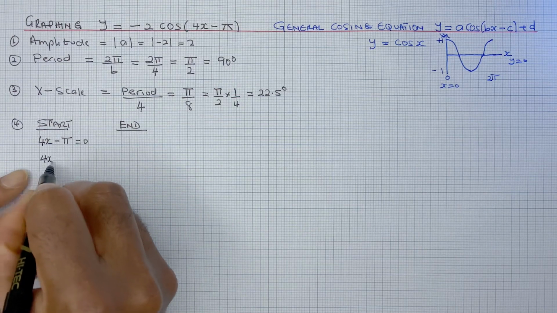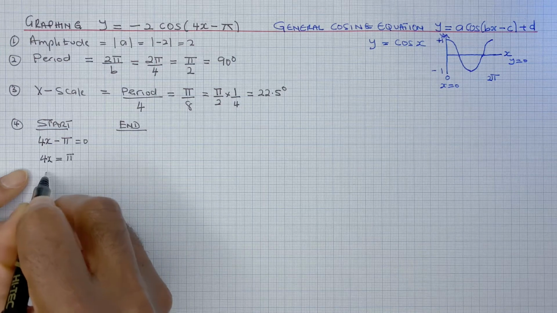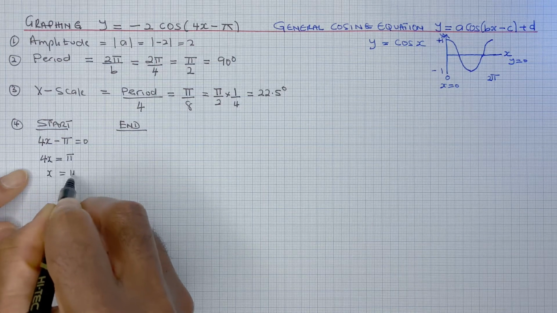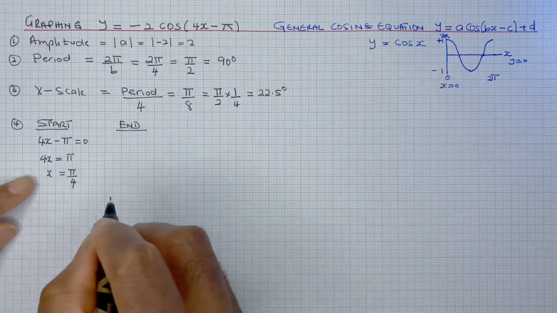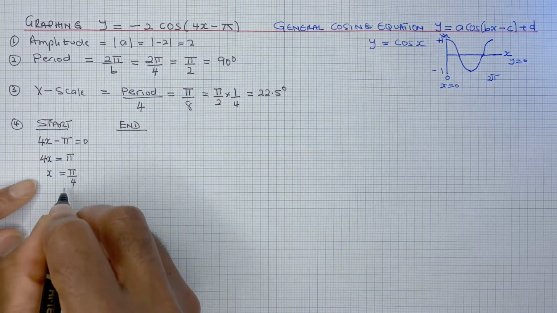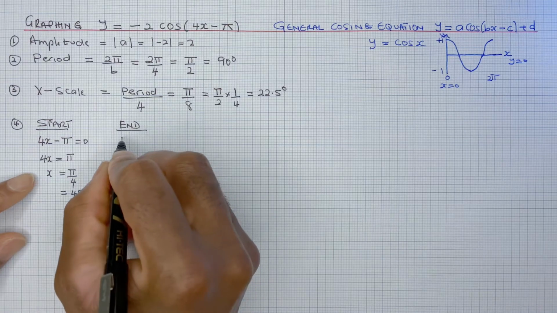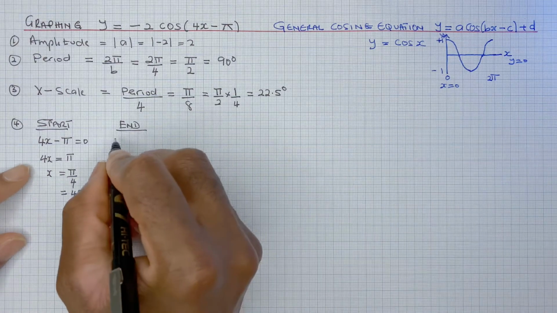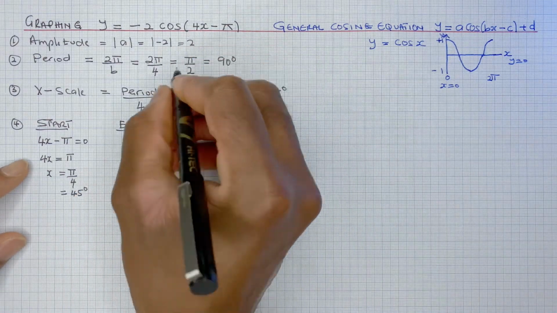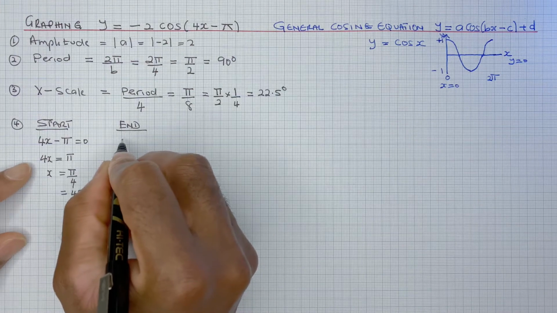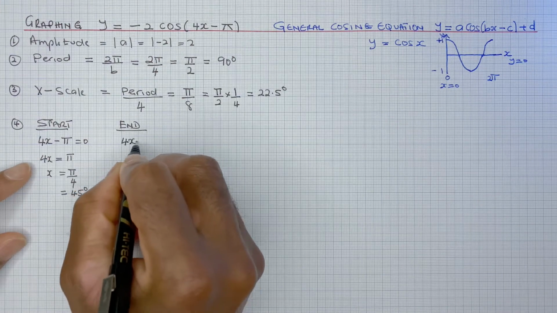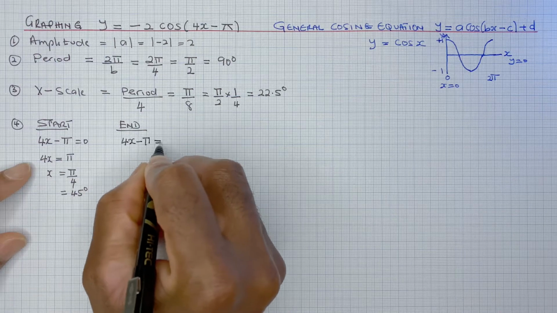Therefore, 4x equals pi, x equals pi over 4. And pi over 4 is 45 degrees. And at the end of the period, we set the brackets to 2 pi.